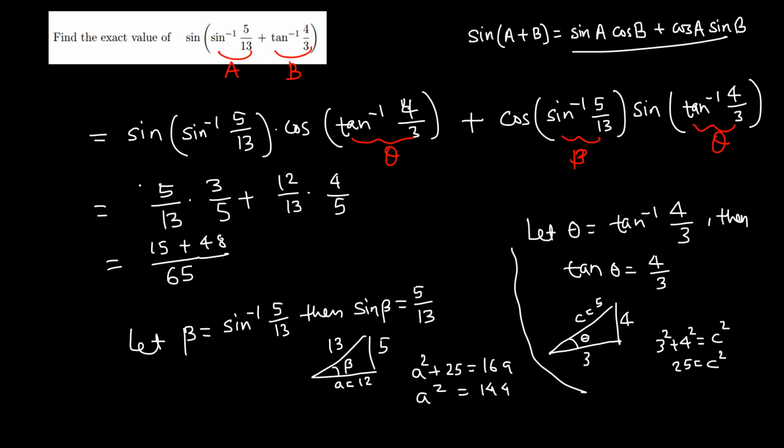If you cancel, then you have to multiply by 5 over 5 to make the same denominator. So now add these two numbers: 15 plus 48 is 63, so 63 over 65. So the final answer is 63 over 65.